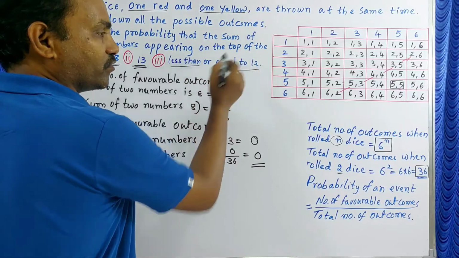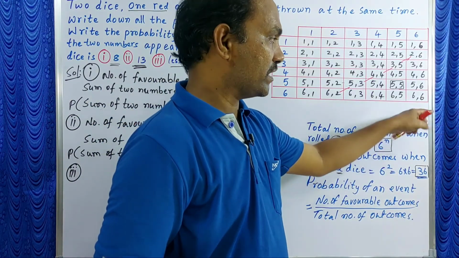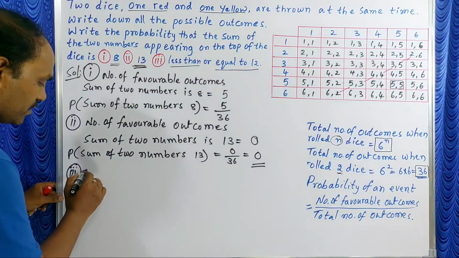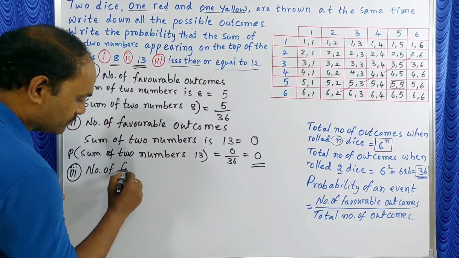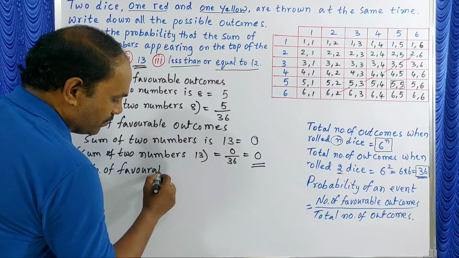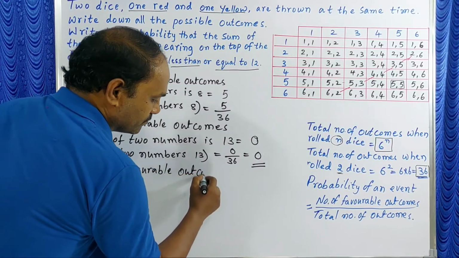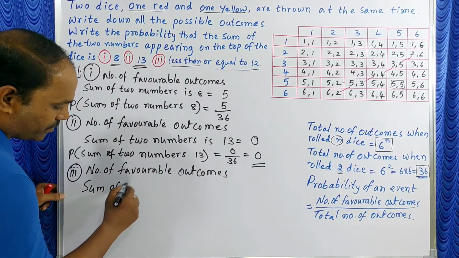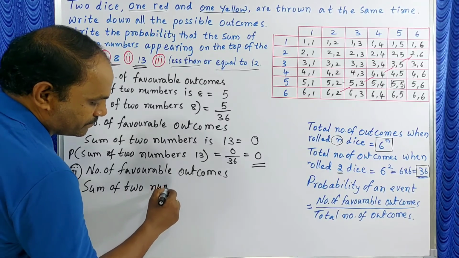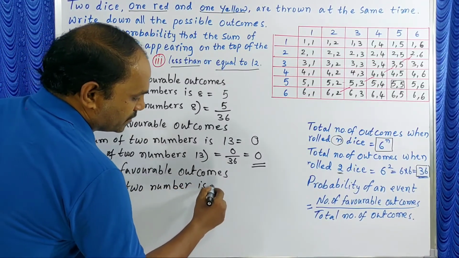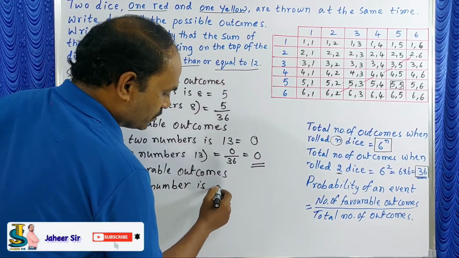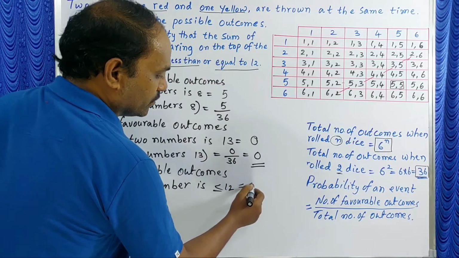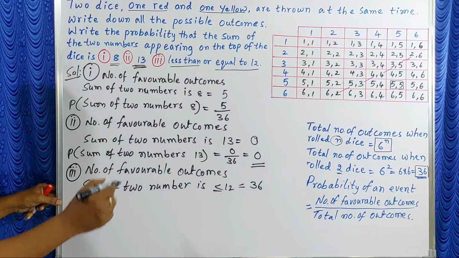Sum is less than or equal to 12. Less than or equal to 12 means all 36 outcomes will come. That's why here number of favorable outcomes to the sum of two numbers is less than or equal to 12 is equal to total 36 are there, completely will come.